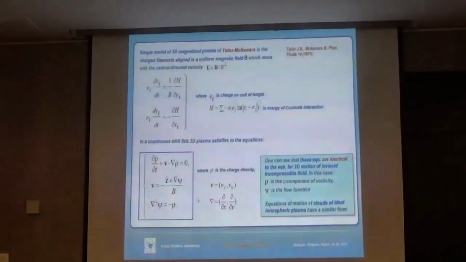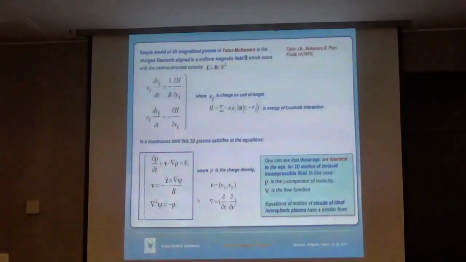In a continuous limit, this two-dimensional plasma satisfies this set of equations, where ρ is the charge density. You can see that these equations are identical to the equations for two-dimensional motion of an incompressible fluid. In this case, function ρ is the z component of vorticity, and the psi function is the flow function.